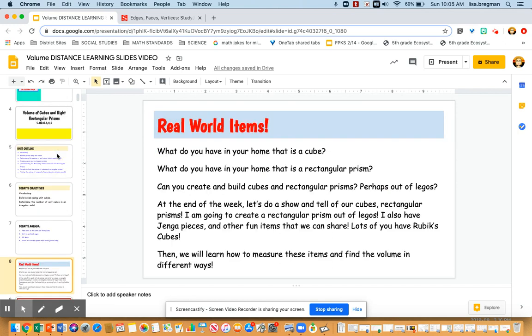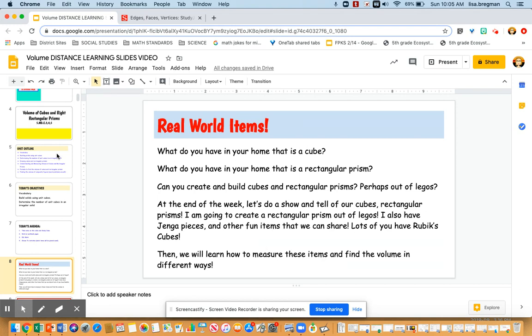What's nice about this unit is we can really find some real world items around the house. What do you have in your home that is shaped like a cube? What do you have in your home that is shaped like a rectangular prism? Can you create and build cubes and rectangular prisms, perhaps out of Legos? I will be doing some of that this week.